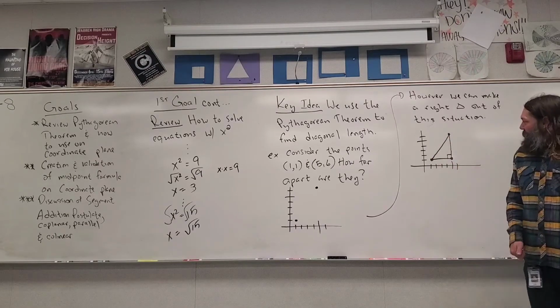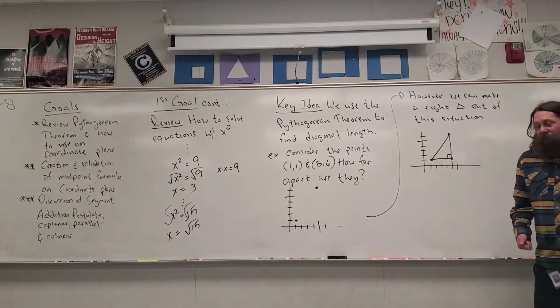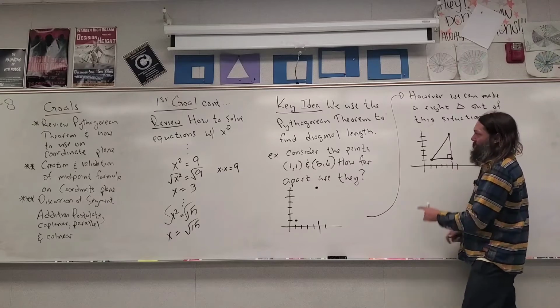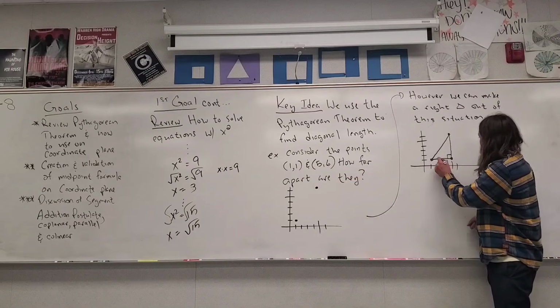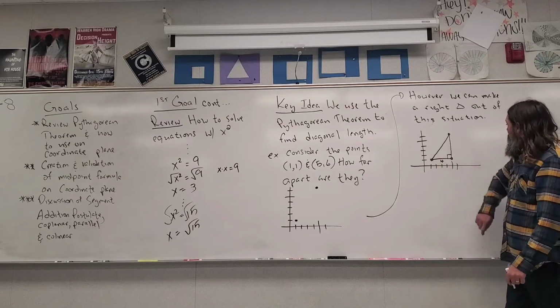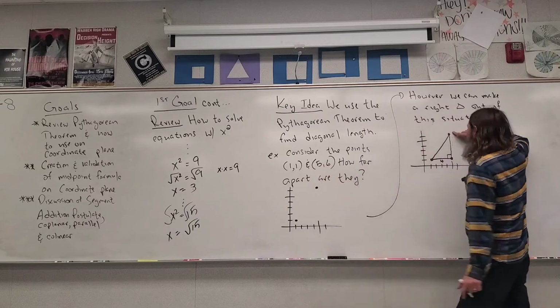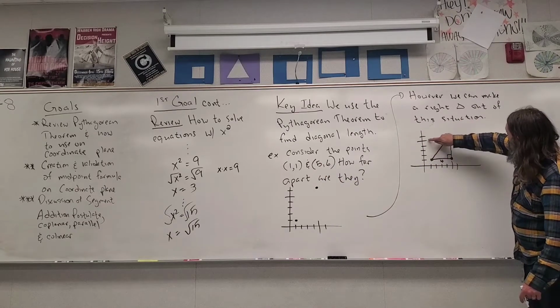I made a right triangle out of this situation. I can find out my horizontal length. I can count horizontally. From 1 to 5, I need to go 4: 1, 2, 3, 4. And to go from 1 to 6, I have to go 5: 1, 2, 3, 4, 5.